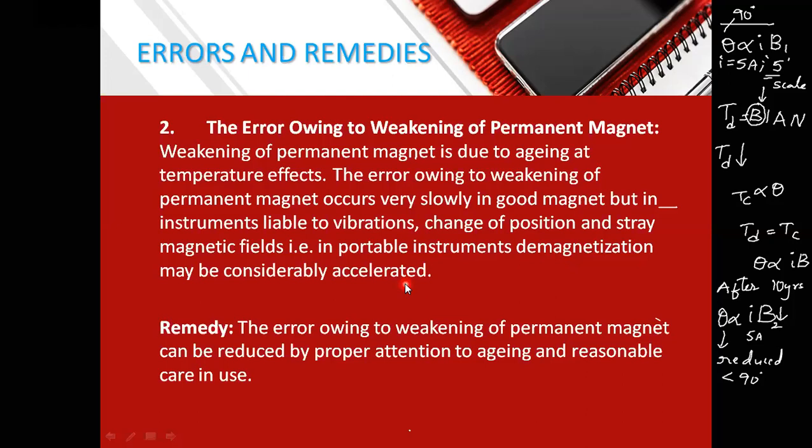Because position also gets affected. Because Earth is a magnet, it will act like an external magnetic field which tries to weaken the permanent magnet field. So if you do all those things, the demagnetization effect will get accelerated compared to when you don't do any of these things. So liable to these, the error comes quickly.